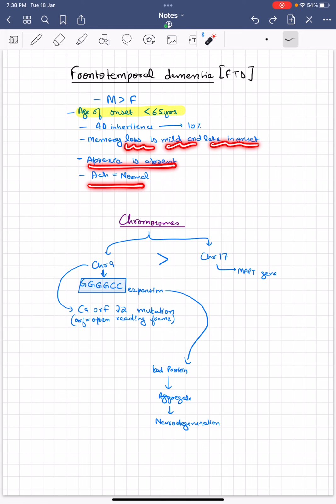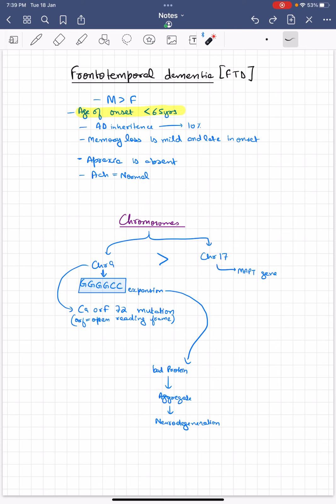Apraxia is absent and acetylcholine is normal. Apraxia was inability to do some actions. Chromosome number 9 is more common. Chromosome number 17 problems.